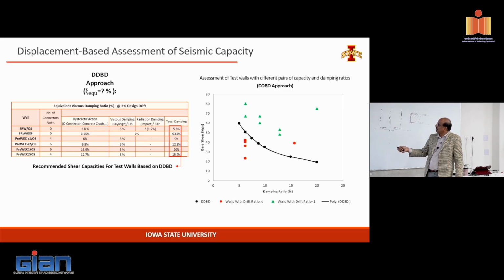Now if you go back and look at some of the data we collected, these structures had this much damping in the system. The maximum is close to 20%, and this is the lower end here, 7% damping. All of these points come above it. None of these structures actually violated our performance objective.